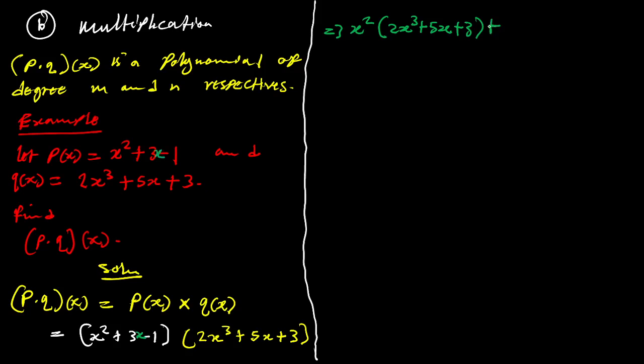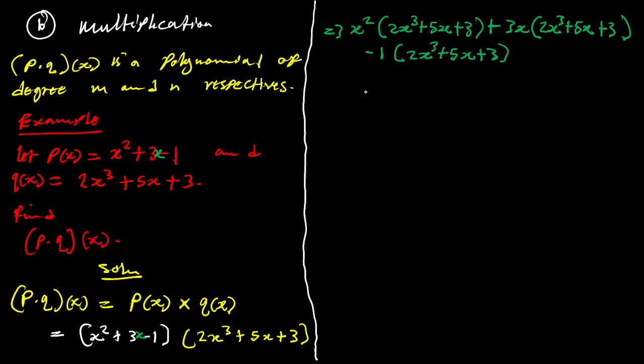So that 3x will also be open bracket, you multiply it by everything, 2x cubed plus 5x plus 3 close bracket, and then you're going to say minus 1, open bracket, 2x cubed plus 5x plus 3 close bracket.